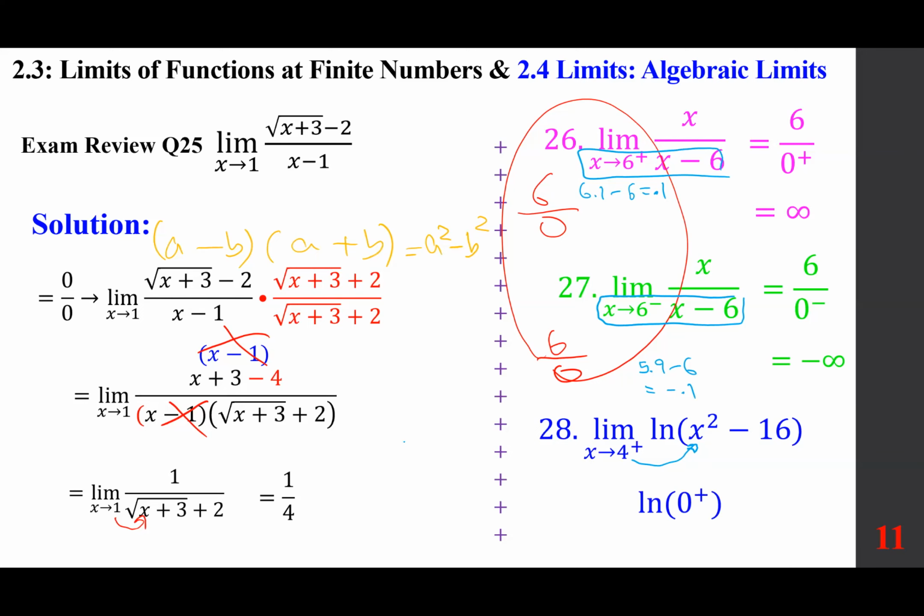And if you recall the graph, looking like this, it's going towards negative infinity. And of course, what that means, as you can see from the graph, VA has the equation x equals 0.